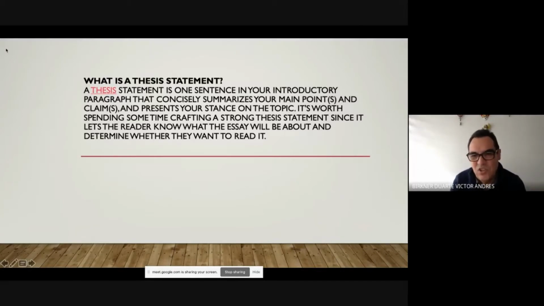So what's your position about that? You have to have a clear idea what position you are going to adopt in order to write your thesis statement. If you don't have a clear position, you cannot write a good thesis statement, okay? And so this is the main point, to take a position regarding the topic that is given, okay?